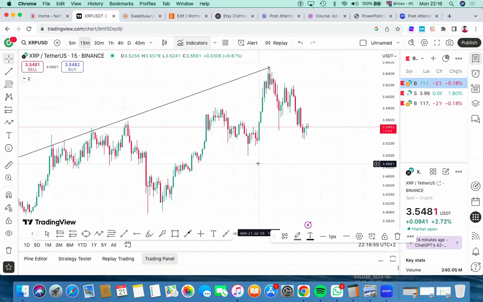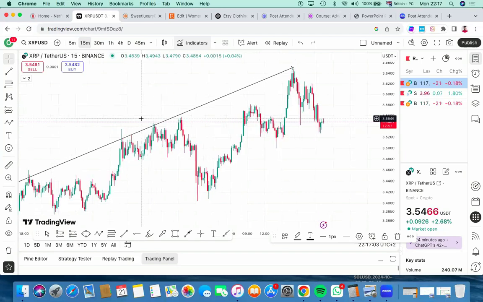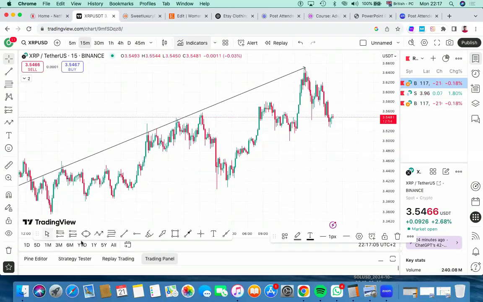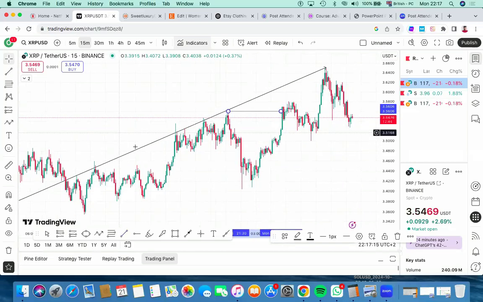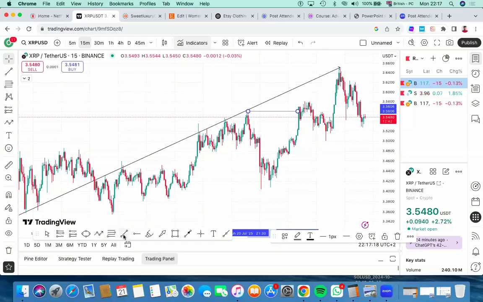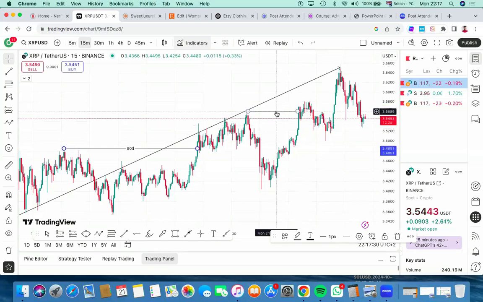So now I want to look for another structure from this leg. I have multiple blocks here that the market created, the break of structure, and we have this structure also.